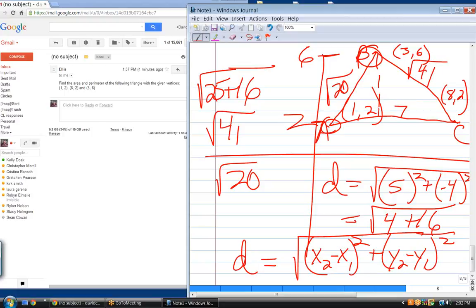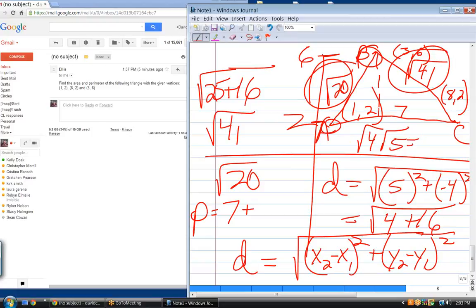So what's the perimeter? We know all three sides. Because this is an irrational number, and that is an irrational number, we don't combine them. We list it as 7 plus, well, square root of 20 is the same as square root of 4 times square root of 5, which is actually 2 square roots of 5.